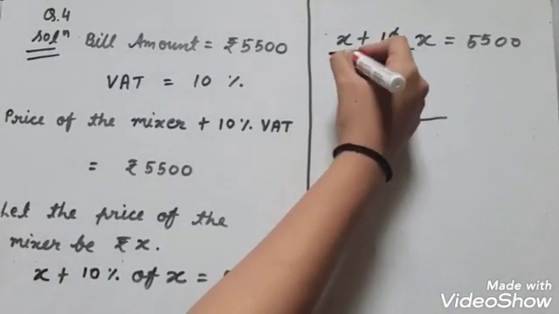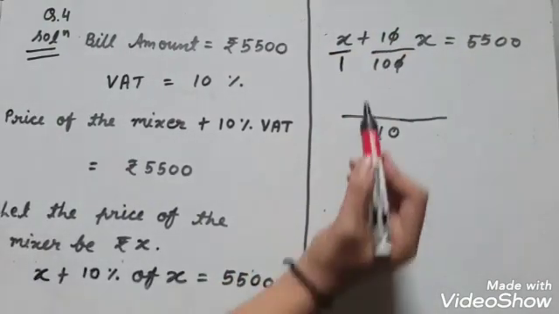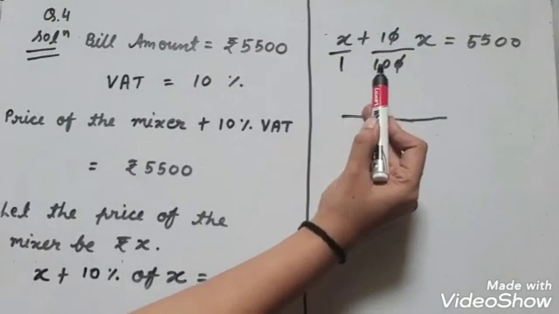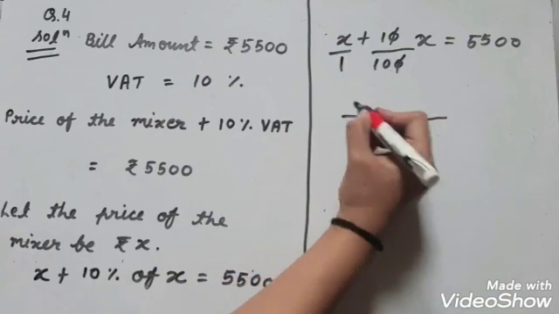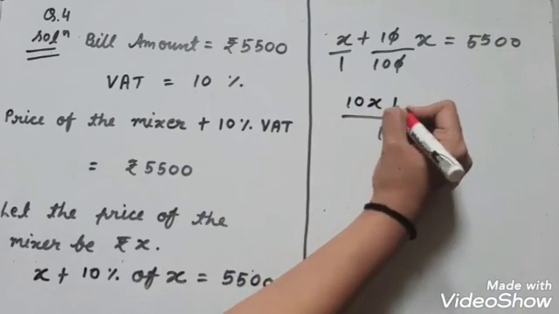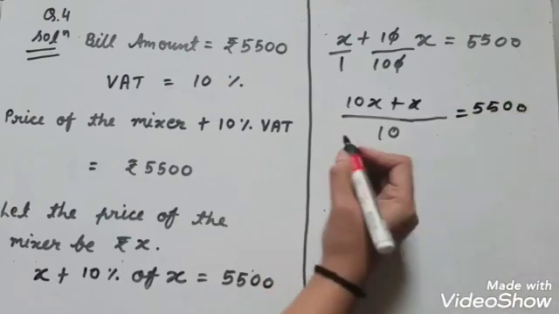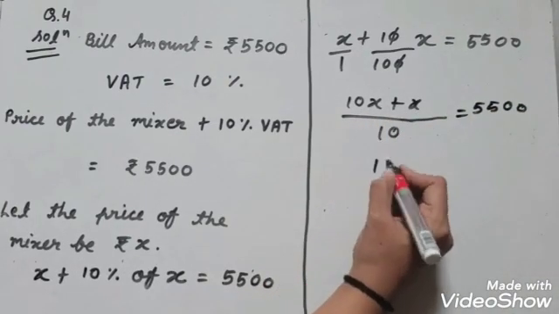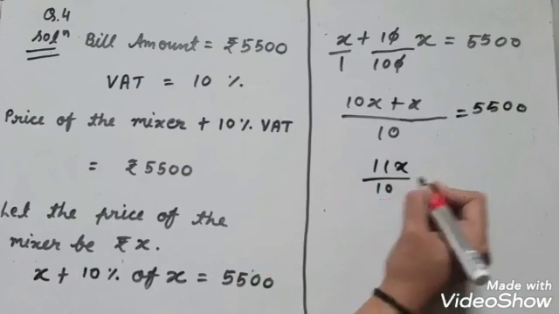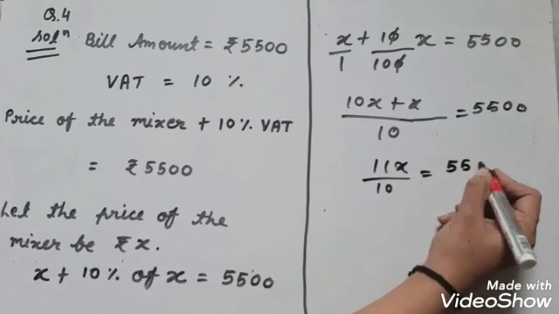Here we have 1, so we need to convert it into 10. So we have to multiply it by 10. So here we have 10x plus x is equal to 5,500. 10x plus x, 11x upon 10 is equal to 5,500.